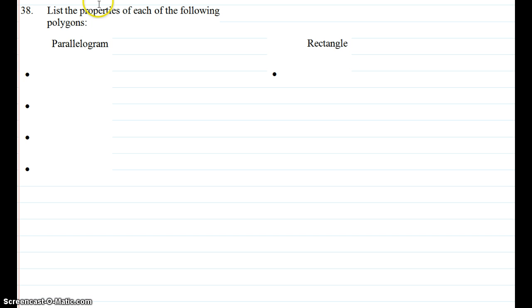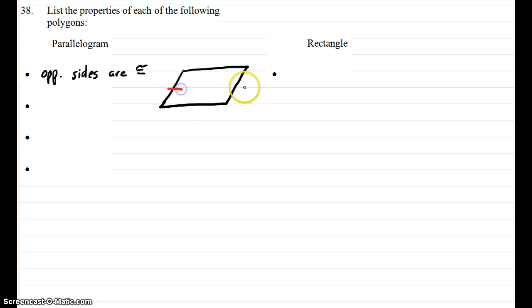Alright, so now let's talk about the properties of a parallelogram. One of the things we know is that the opposite sides are congruent. So whenever we see a parallelogram, we know that the opposite sides are congruent.